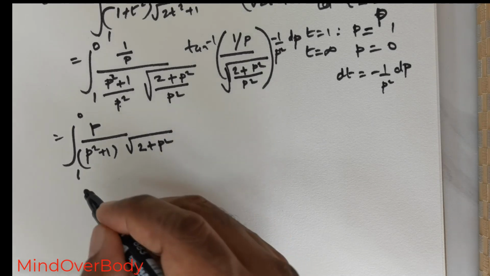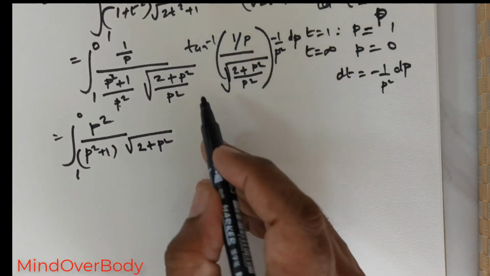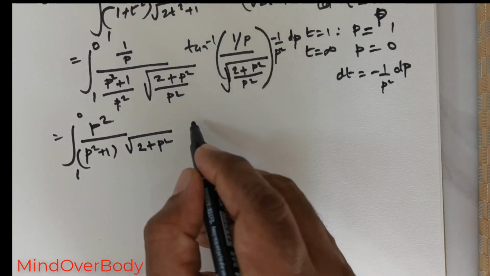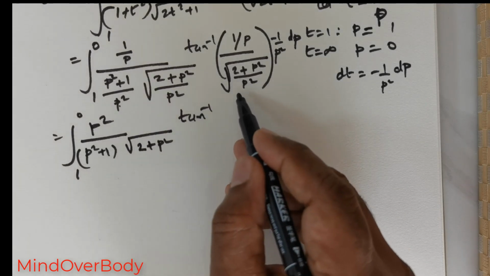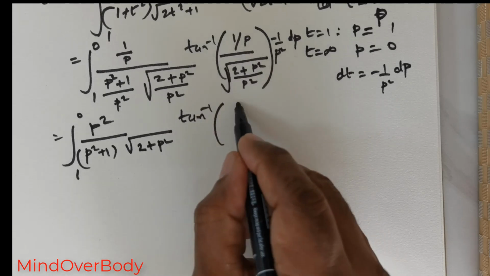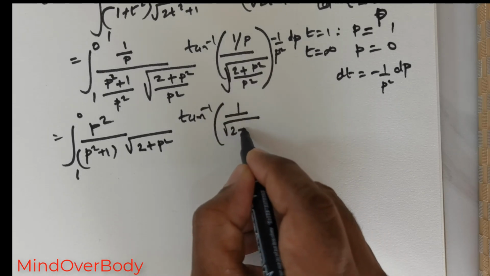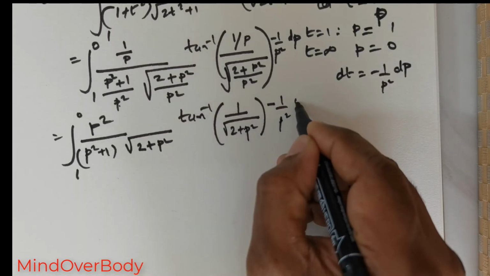If I were to flip that p there, that will become p squared over here, and then I get tan inverse of 1 over p. And I got a p squared here, so they get cancelled, giving me 1 over root of (2 plus p squared), and there is a negative 1 over p squared times dp.